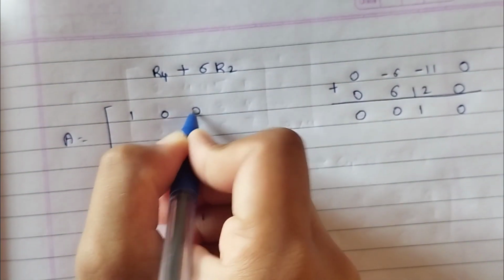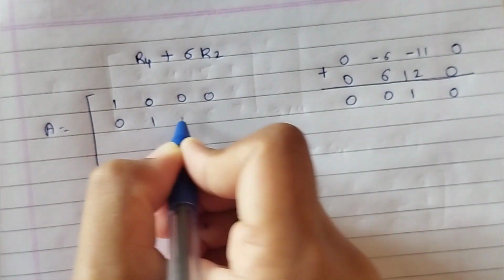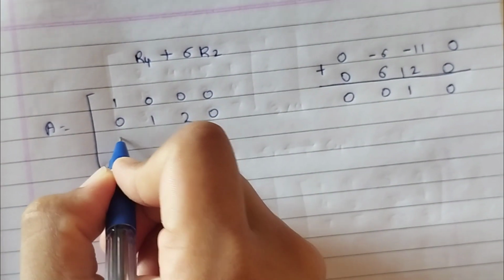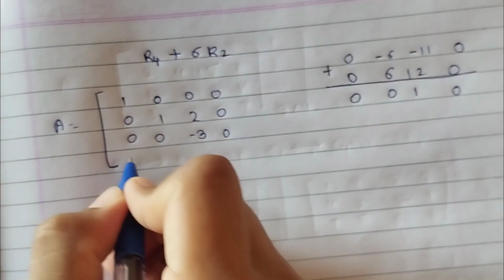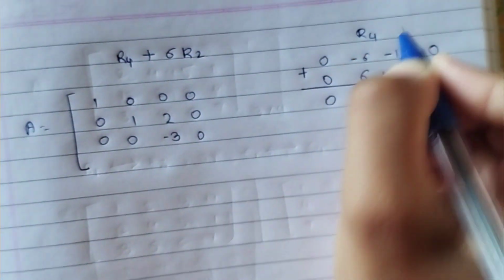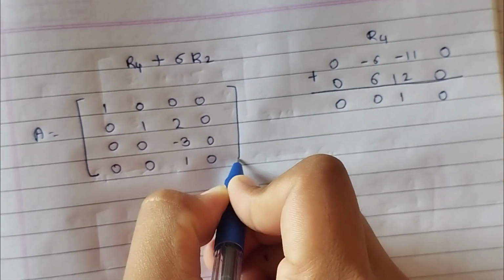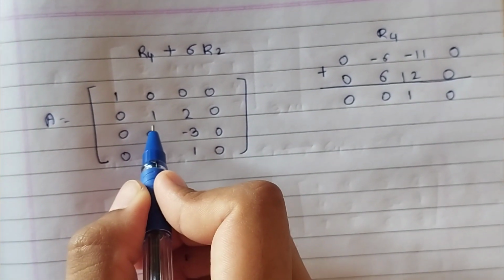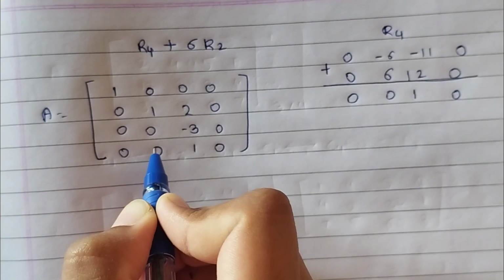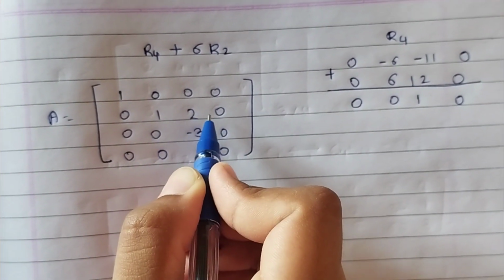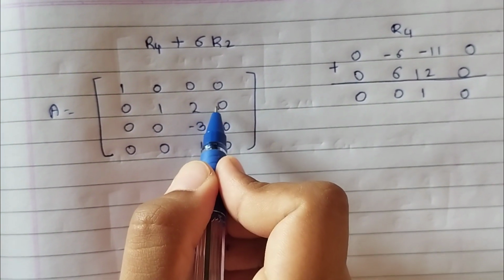So now the matrix is 1 0 0 0, 0 1 2 0, 0 0 -3 0, and R4 is now 0 0 1 0. So below the diagonal element, all the elements are 0. Now we perform the column operation for converting the remaining columns to 0.